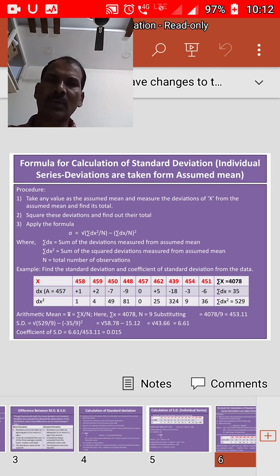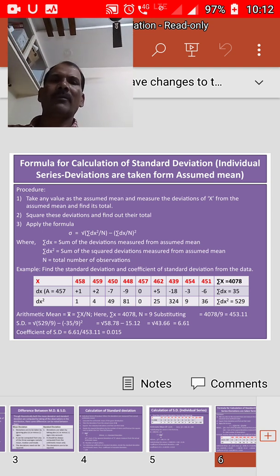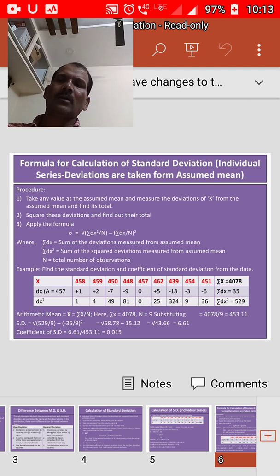Sigma x is 4078, and n, the number of observations, is 9. Substituting these values, 4078 by 9 is equal to 453.11.